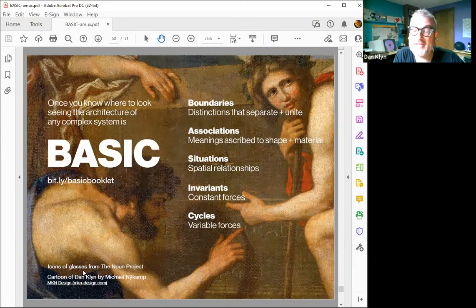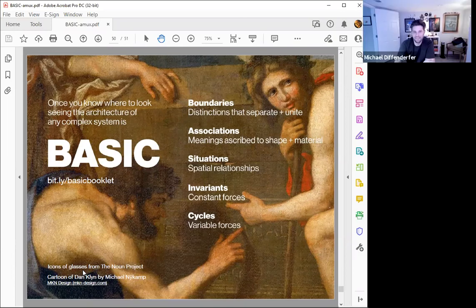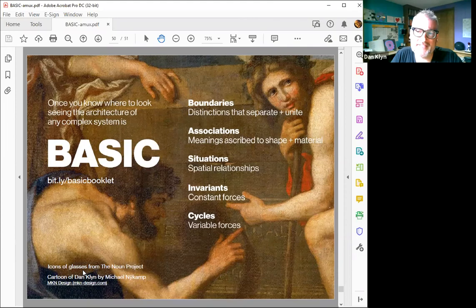But critique is even more valuable, right? And in order to do critique, you need to know what I was trying to do. And what I'm trying to do is BASIC, right? Like it's to say that if you don't know where to look to see the architecture, then it's not necessarily on you, or you're not a dummy for not seeing it. So I tried to not fall too in love with the acronym, but I realized that it might have to go.